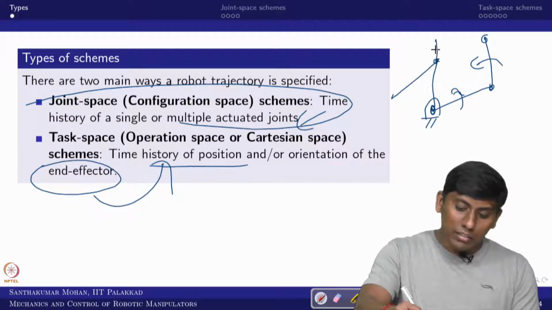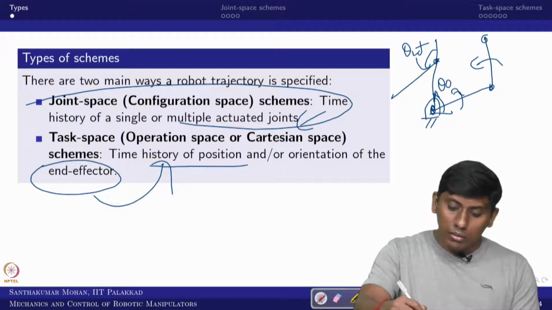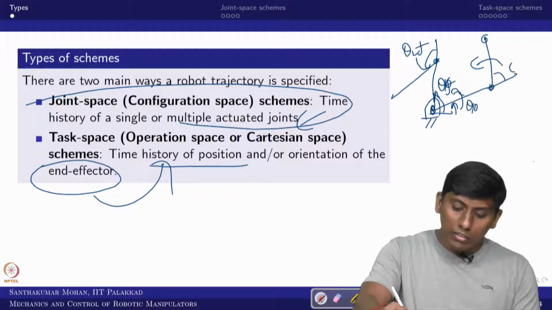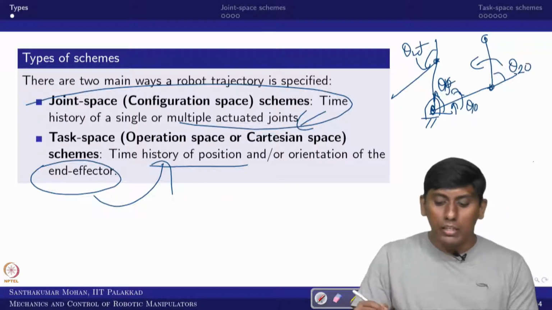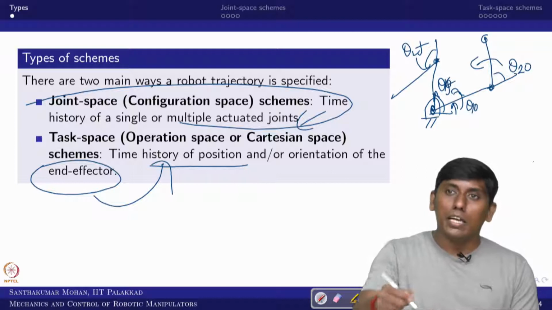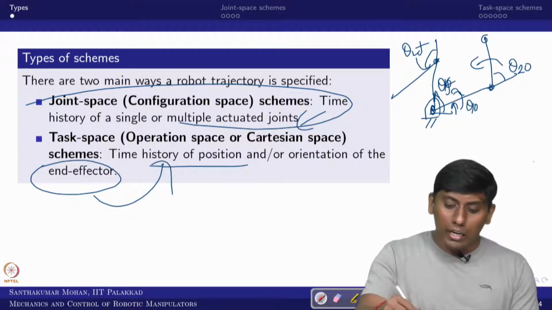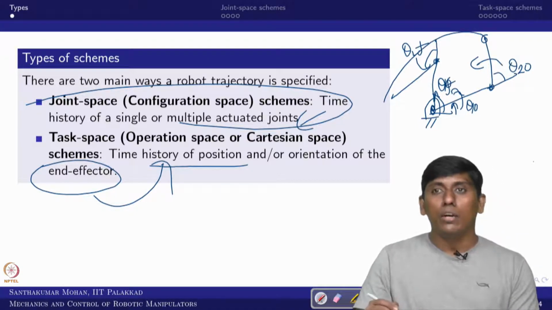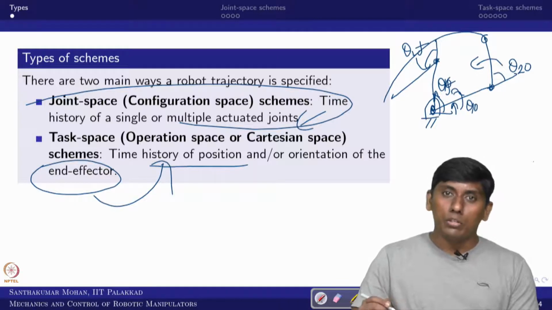You can see theta 2f and theta 1f as the final angles, and theta 10 and theta 20 as the initial angles. From here to here, I can first rotate only the first joint, keep it there, then rotate the second joint, or I can rotate them synchronously. We'll see the first one.